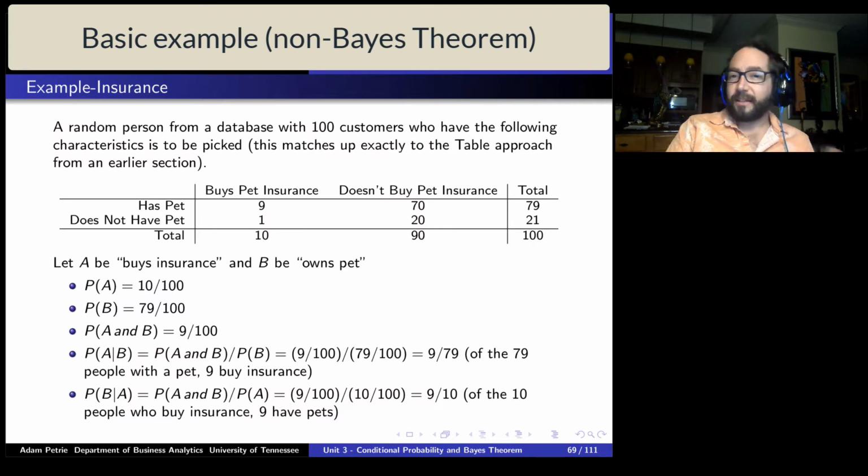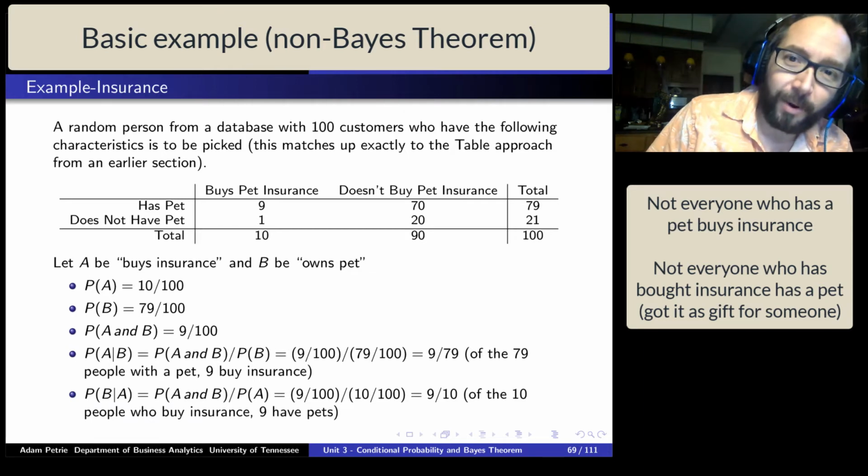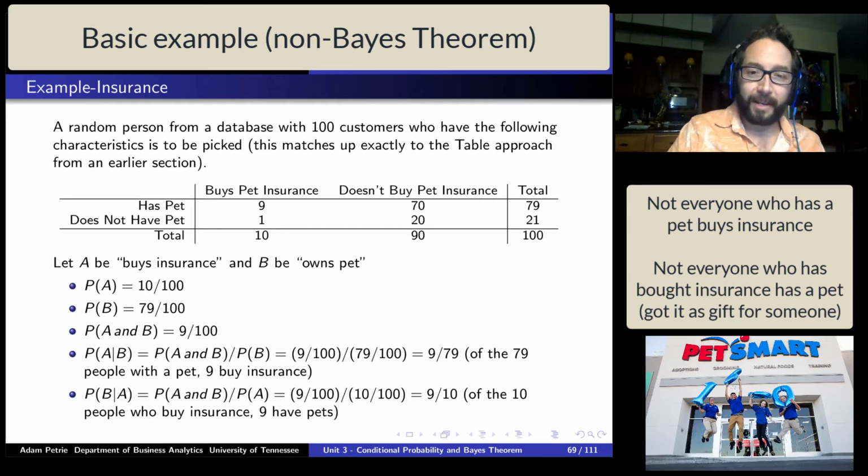So let's tie it a little bit back to our work with the table approach and see how these formulas for conditional probabilities work in action with people owning pets and people buying pet insurance. So we're going to dive into, say, PetSmart's customer database, and we're going to look at 100 customers of PetSmart here.